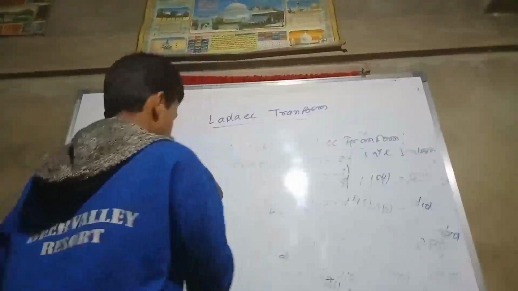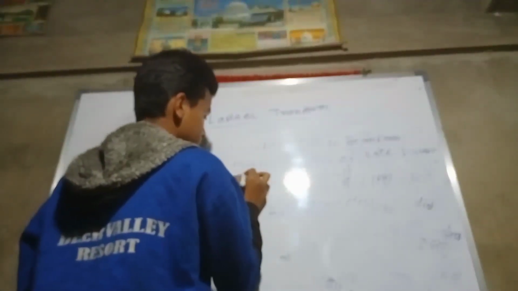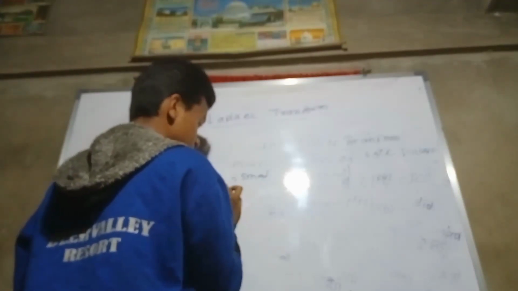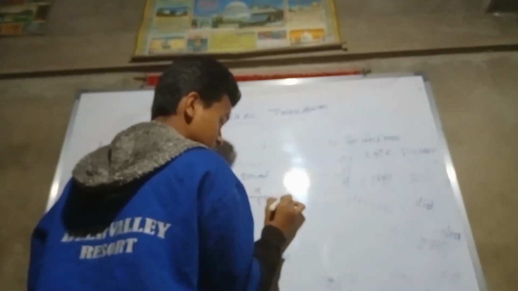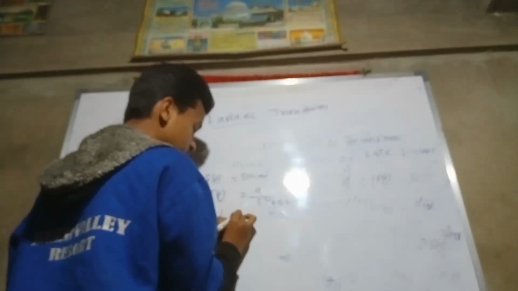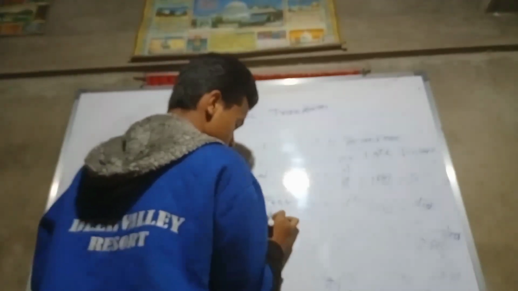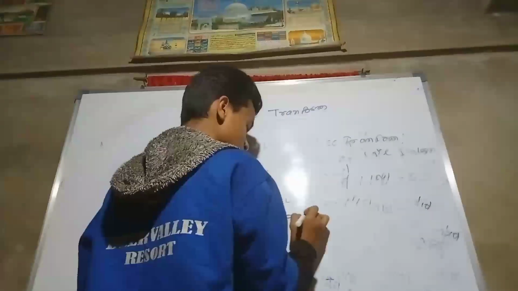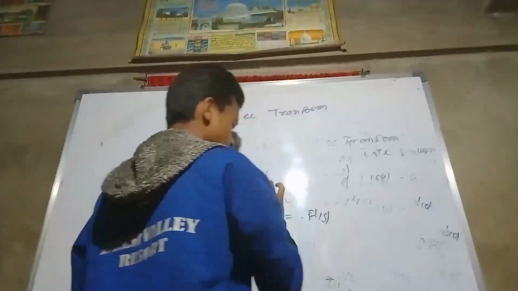So how to use it? Okay. So here f of t is what? Sin a t. Okay. So the Laplace transform of f of t is what? a by s square plus a square. Now here we have t sin a t. Okay. So that is equal to what? That is minus F dash s. So we have to differentiate it.